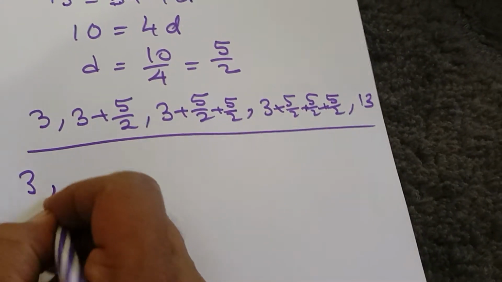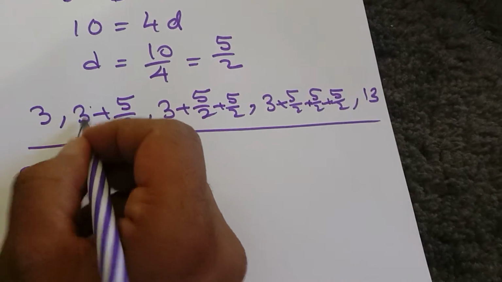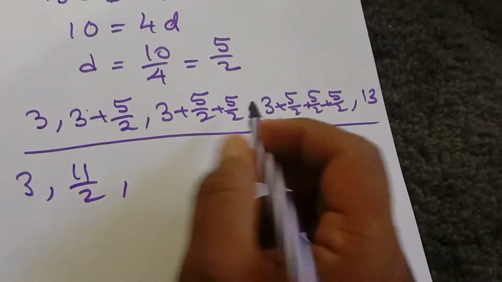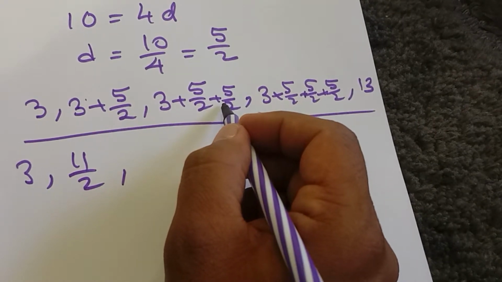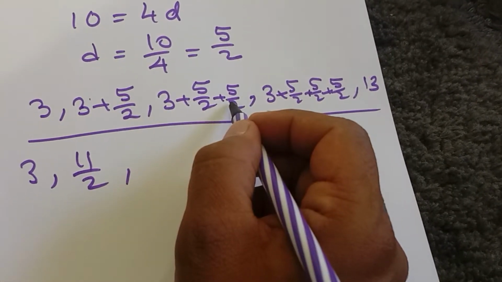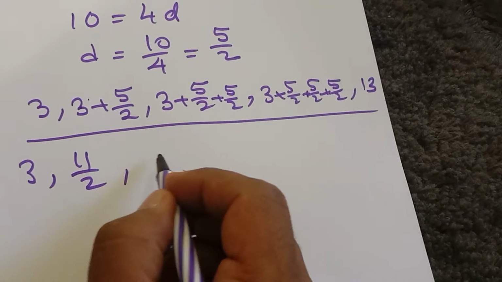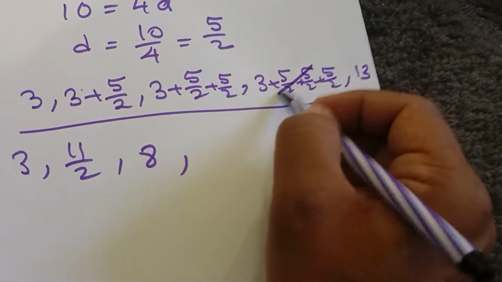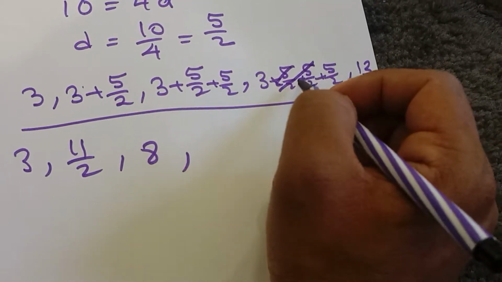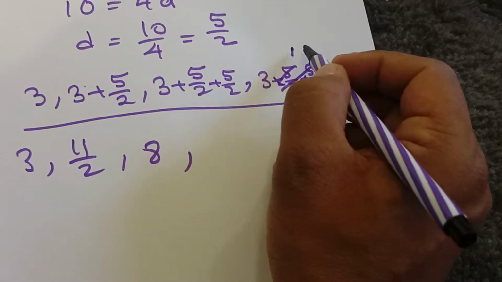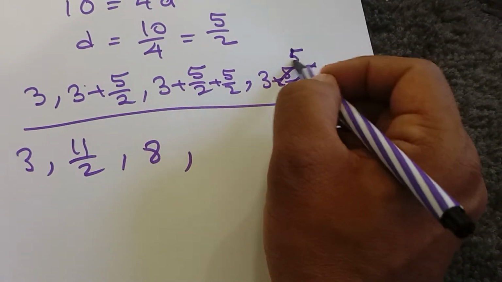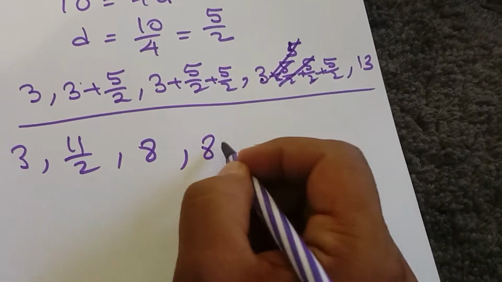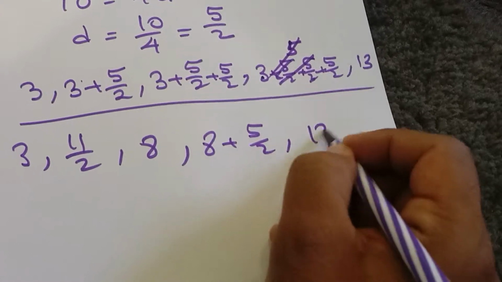You need just to work on these additions. So that's a 3. You can multiply it by 2 over 2, and that will be 6 plus 5, which is 11 over 2. And this is actually 10 over 2, which is 5. 5 and 3 is 8. And then 10 over 2 is again just 5, so that's 8 plus 5 over 2, and this is 13.